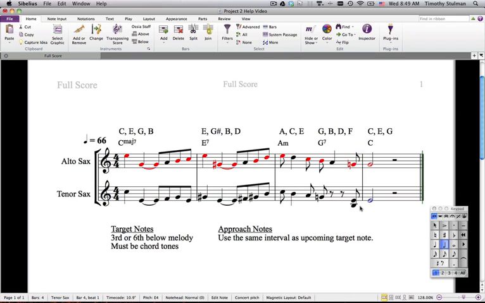Now notice, if I chose the B here, which is a chord tone, instead of the E, which is not, I would have a leap in the harmony line that's not present in the melody, so the contours would not match very well. Once again, this is technically correct because B is a chord tone and E is not, and I'm supposed to harmonize target notes with chord tones.